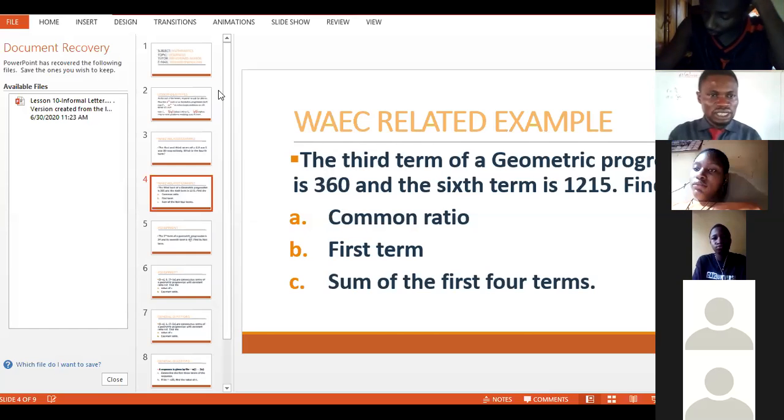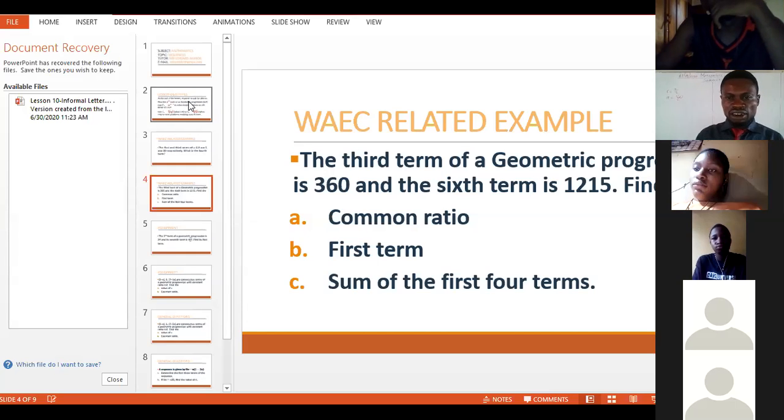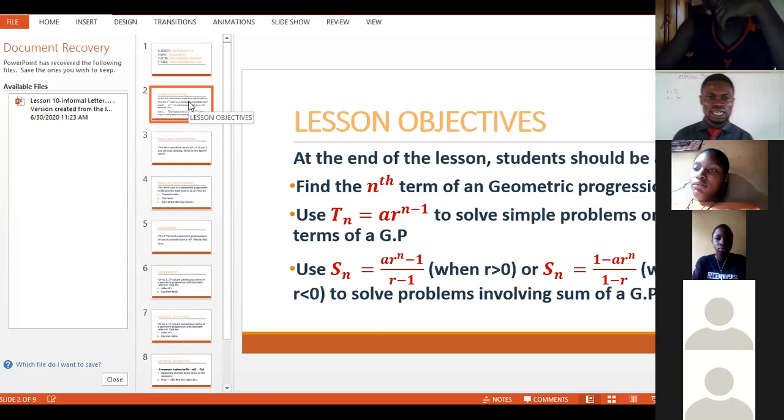There's a formula, of course, that is related to that. Let's go back and see. According to this, Sn is equal to a(r^n minus 1) all over r minus 1. And the second formula for finding the same is Sn is equal to a(1 minus r^n) all over 1 minus r.